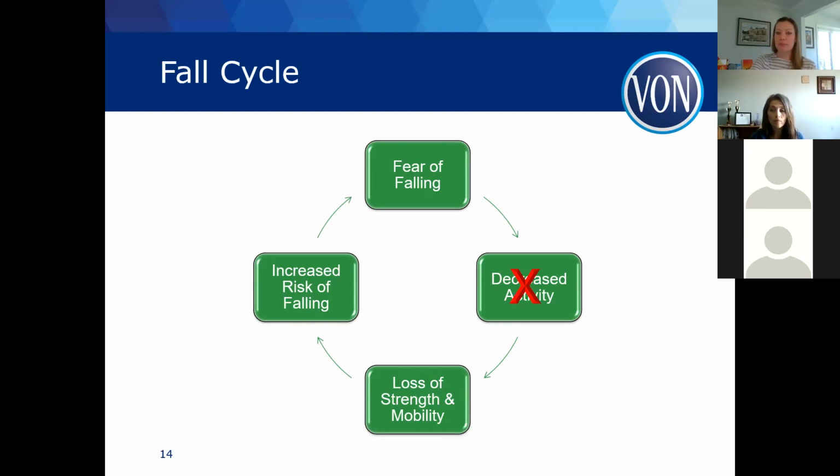We want to stay as active as we can, to stay as strong and mobile as we can, to help reduce that risk of having a fall. And hopefully, if we are staying active, that means that we will feel more confident and secure and stable when we are moving around, and hopefully that means that the fear of falling will be a little bit less. Again, there's a lot of research going into fear of falling and how we can help minimize it.